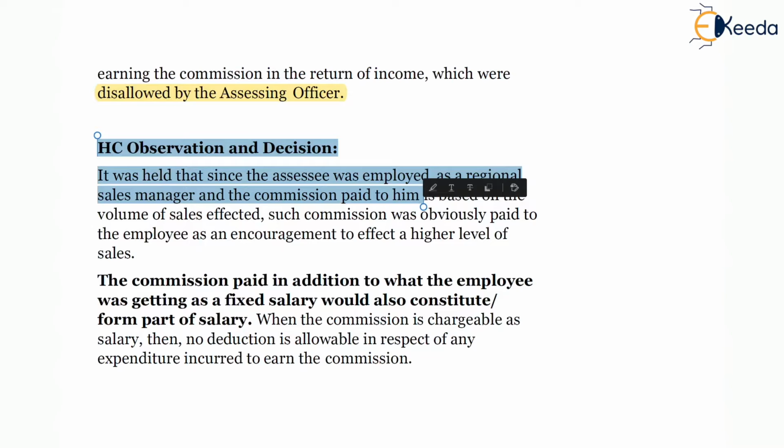Because if he's allowed deduction on commission, for example, then why not on salary income? If there are certain expenses that an employee is incurring for earning salary income, then will he be allowed deduction on the salary income? No. Accordingly, on commission income also, he won't be allowed any deduction.